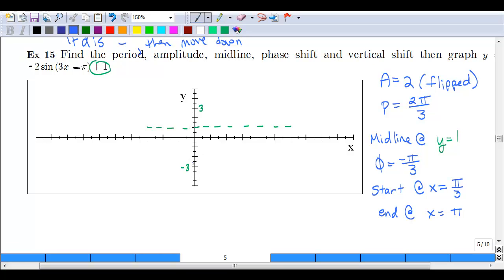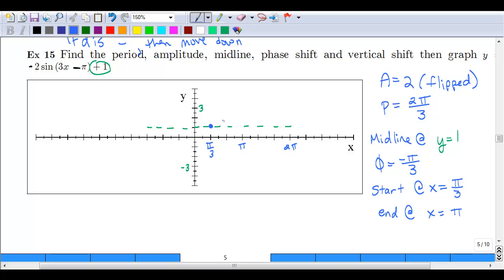So again, if we think about our starting point, we are starting at the point pi over 3, but now instead of starting at 0, we're going to be starting at 1. So let's mark over here our units on the x-axis, pi over 3, that's pi, that's 2 pi. We're going to start at pi over 3, but now instead of a sine curve starting at 0, we're going to shift that up by 1.